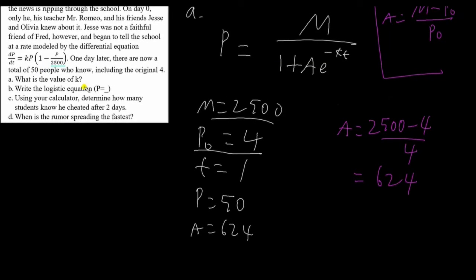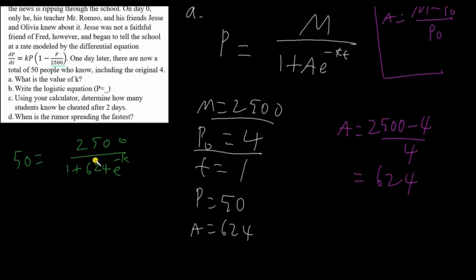So let's write it over here. 50 is 2500 over 1 plus 624 e to the, since t is 1, I'll just say negative k. And this is just a big game of solving for k.